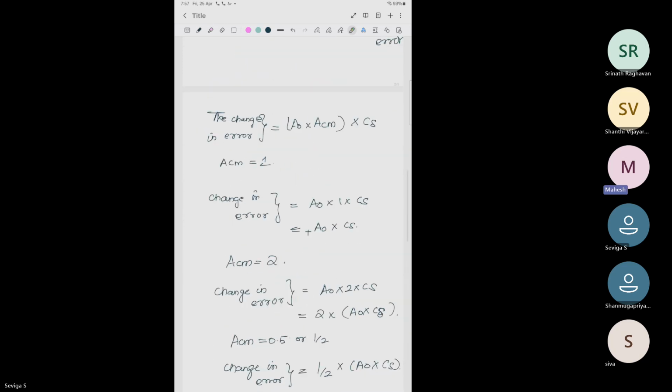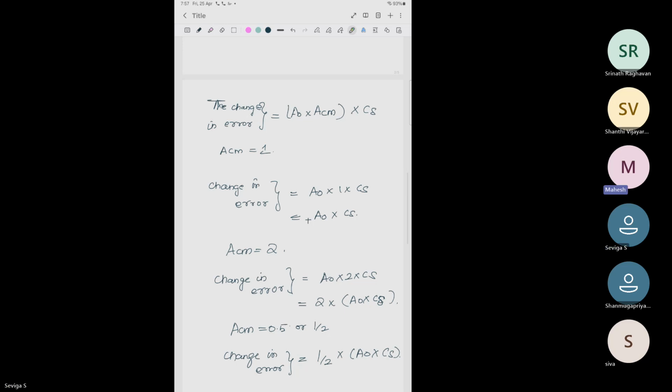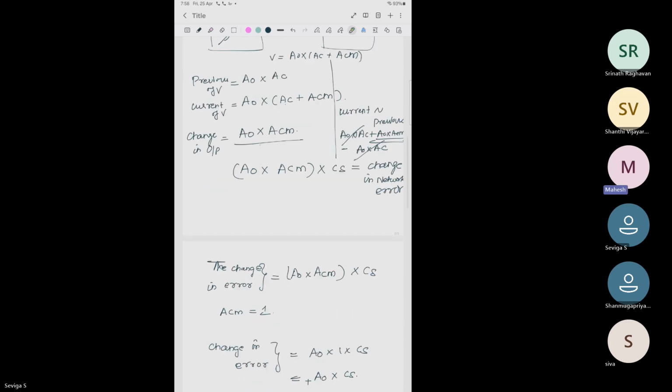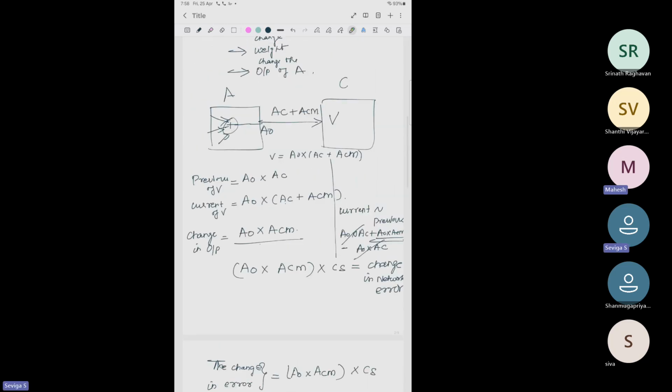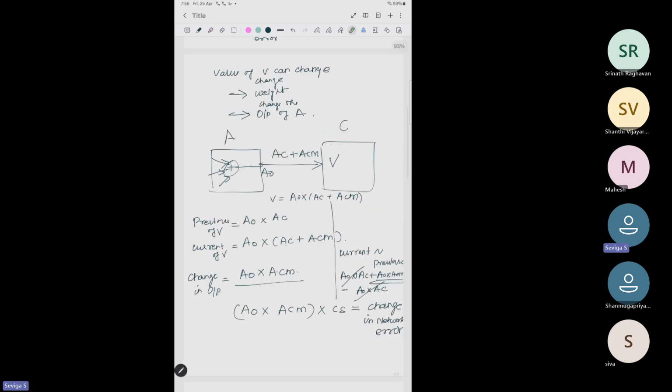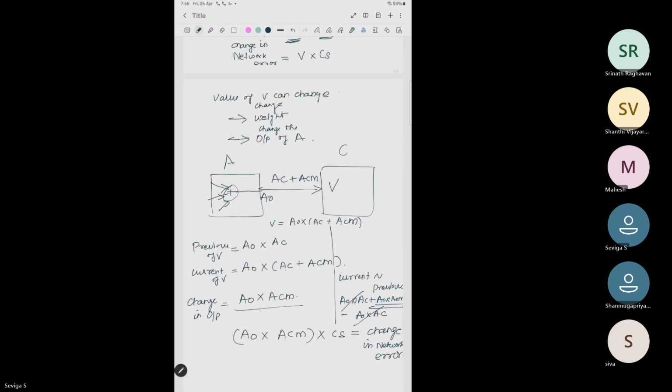Okay. So in this change, the C delta is from that next neuron. We have two neurons. So this was our neural network A, B, C, D. So we are looking only at this link.